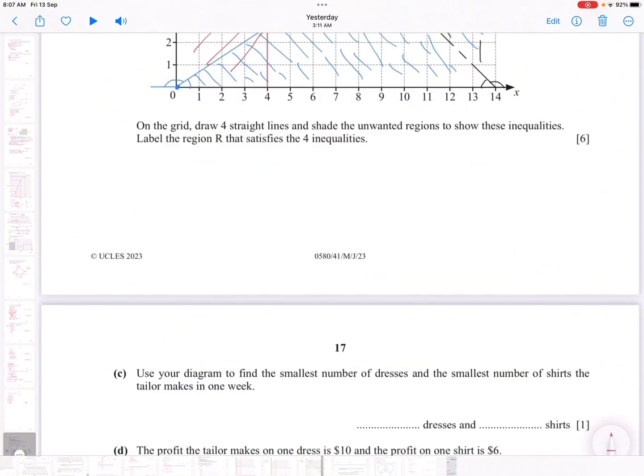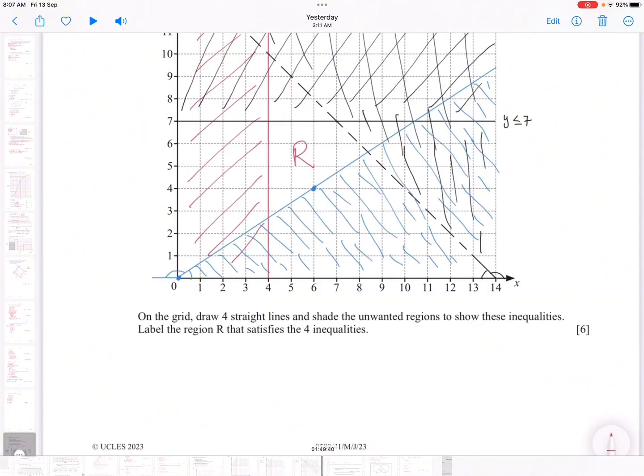Use your diagram to find the smallest number of dresses and the smallest number of shirts the tailor makes in 1 week. So you go to the required region where you labeled R, and look, I'm circling this point. This point is in the region because it is on the solid line.